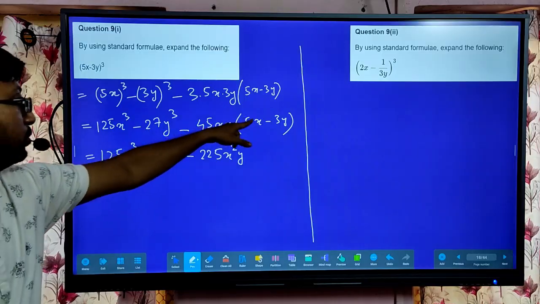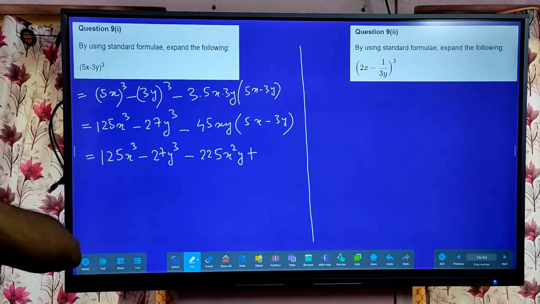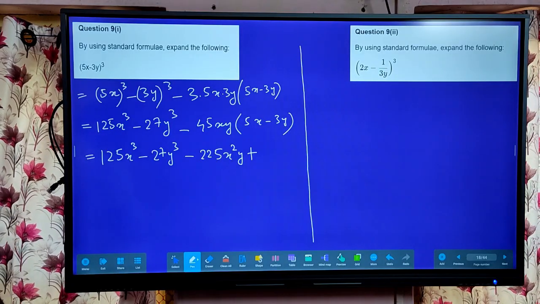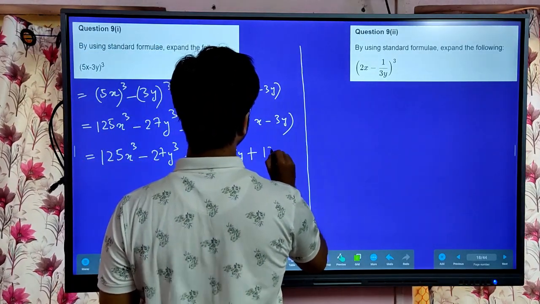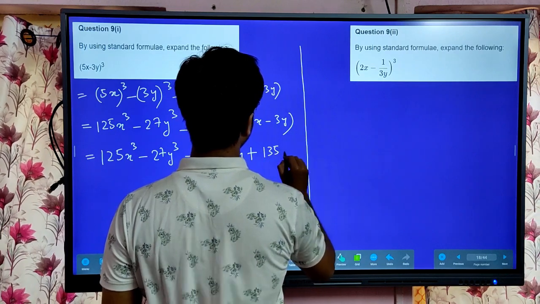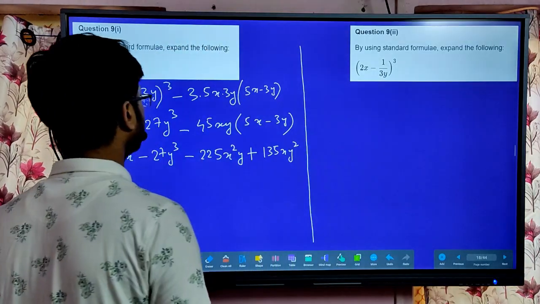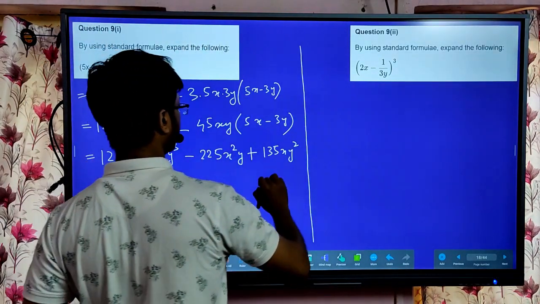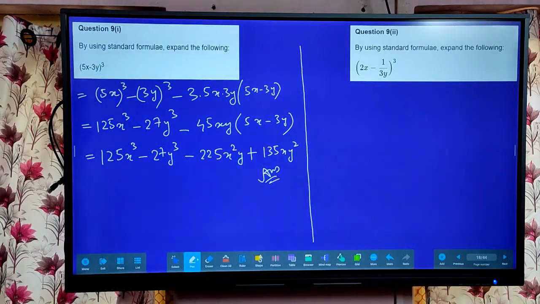And minus into minus, so it will be plus. 45 into 3 will be how much? 45 times 3 is 135. So it will be 135xy square. Yes, so this will be your answer. You can pause the video, write it down.